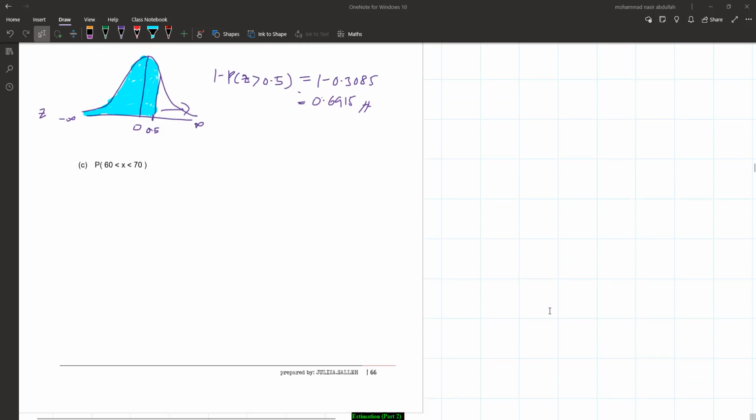Let's look at the last one: probability of x between 60 and 70. We need to convert to the z distribution. 60 minus 65 divided by 6, and 70 minus 65 divided by 6.